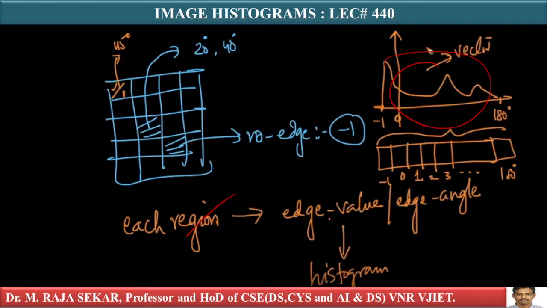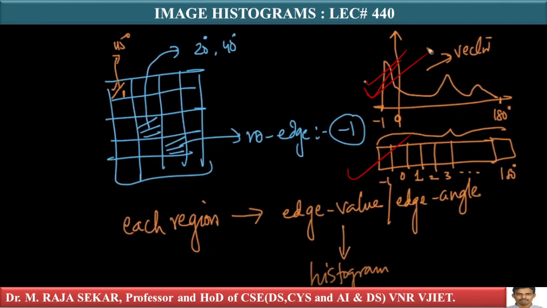In each region you have an edge value or edge angle. From the edge angle we converted this into a histogram. From this histogram, we know how to construct a vector, isn't it? For example, faces: you have a face, and your edge histogram is like this, where you have some dominant values.